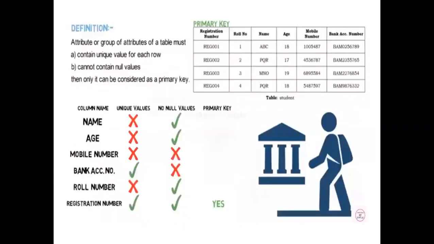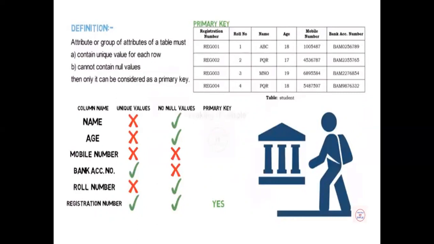Next, we will go to the last one, that is the registration number. Every student who takes admission for any stream in the university is provided an identification number called the registration number. The university gives a different identification for each and every student. So in that case, we get a unique value as well as a not null value.